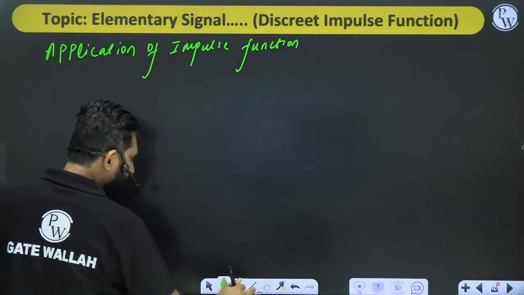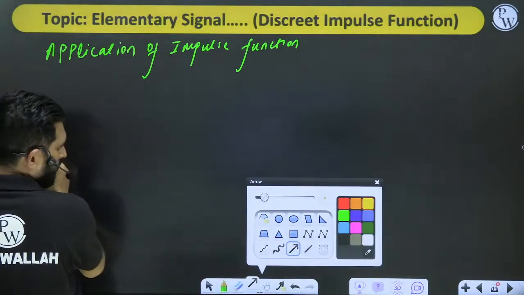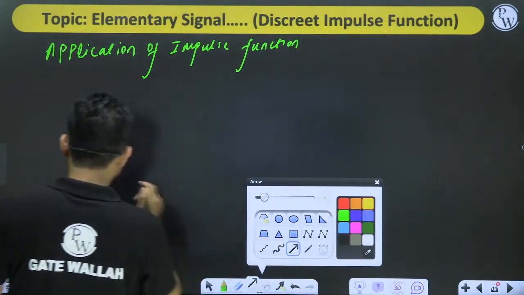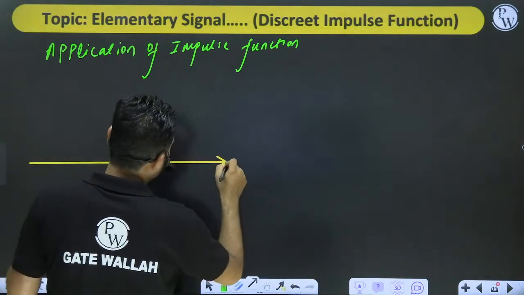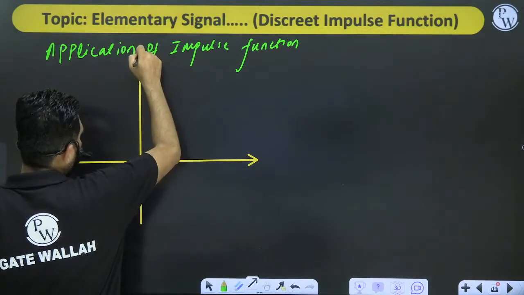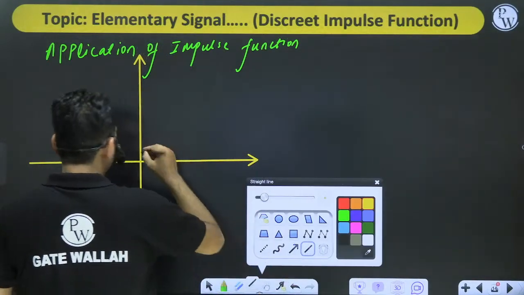Now what I am doing is, suppose I have a function xn.